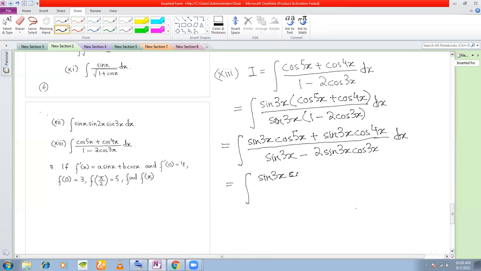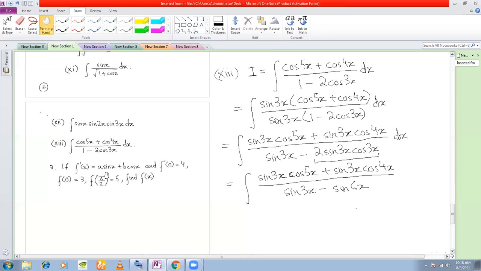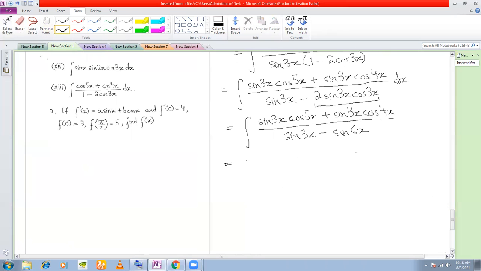Write the numerator as it is. Now this becomes sine 6x, right? Now what we are going to do here is change the numerator. You see two products, right? Sine 3x cos 5x and sine 3x cos 4x. We are going to change both these products to a sum, and we are going to leave the denominator as it is for the time being.